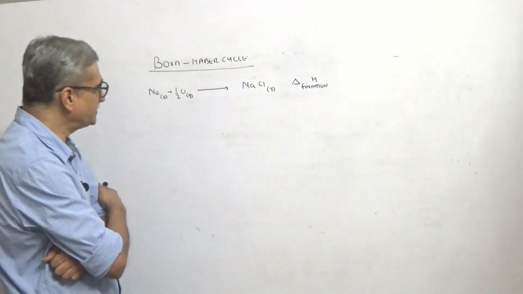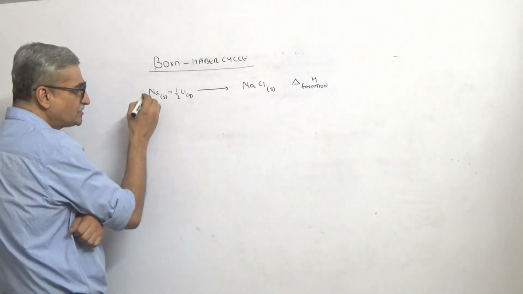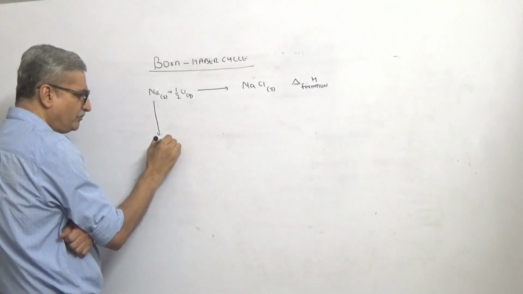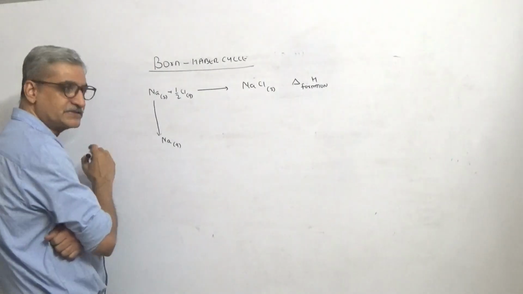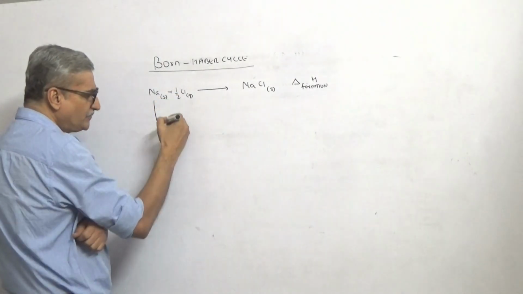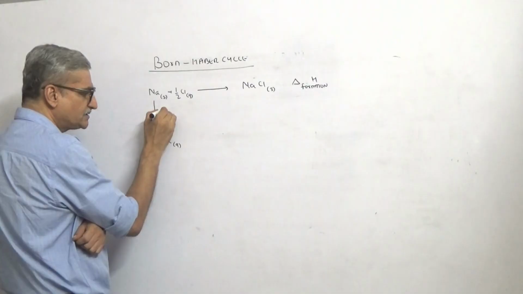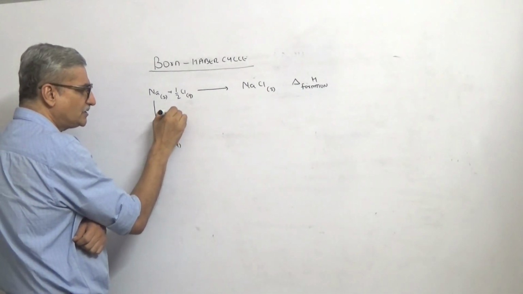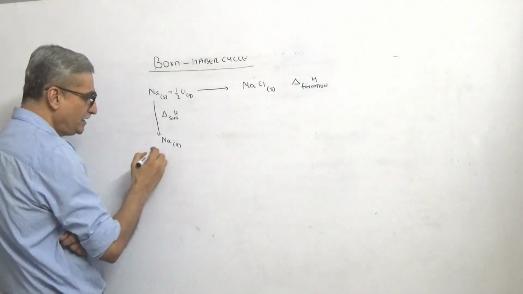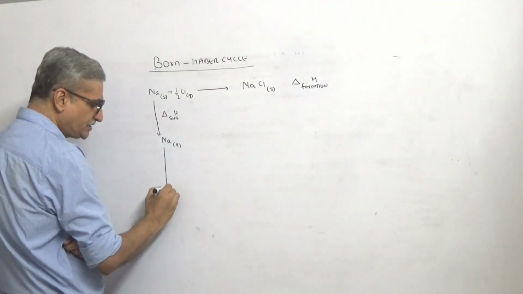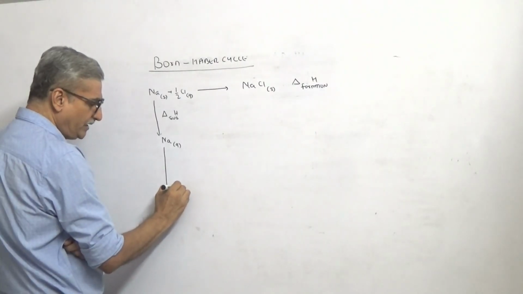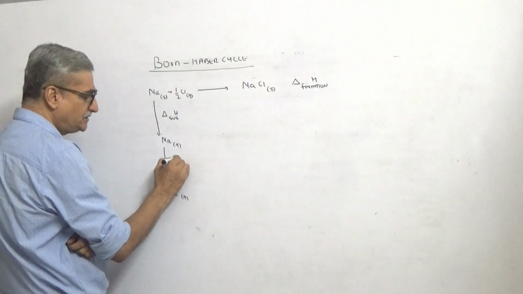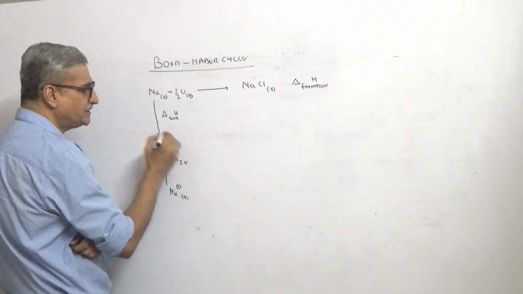Now, this sodium solid, 1 mole, when you make it sodium in the gaseous state, directly from solid to gas, this is delta sublimation H. Now this sodium in the gaseous state, you make it into sodium ion in the gaseous state. This is delta ionization enthalpy.